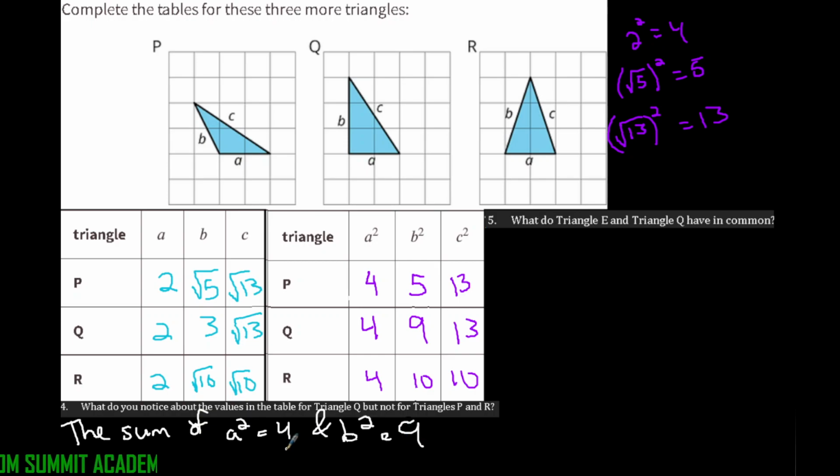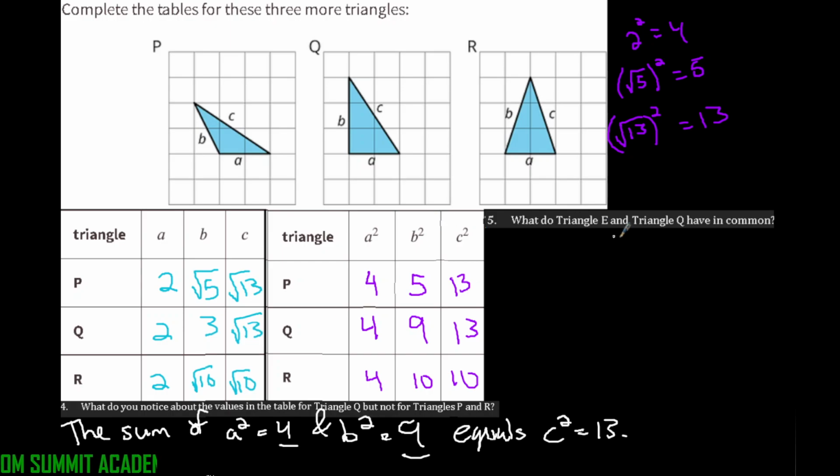So b squared is 9, the sum of these two values equals, let me write it, 13, which is c squared. So notice how it has a squared plus b squared equals c squared, which is what we're going to be talking about here shortly. And then it says, what do you notice about triangle P and triangle Q?